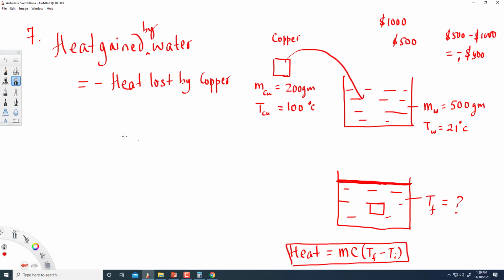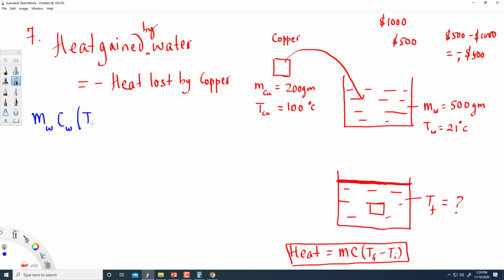So for water, let's talk about the heat gained by water. Heat gained by water is mass of water, times C, the specific heat capacity of water, and change in temperature of water.